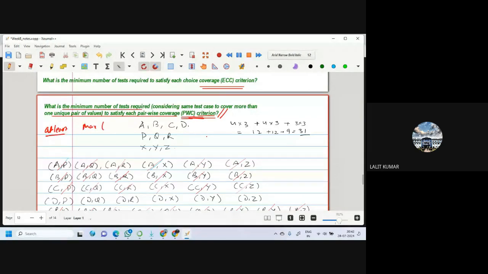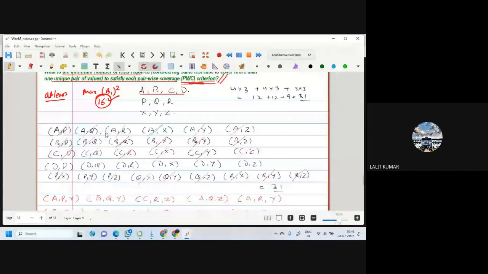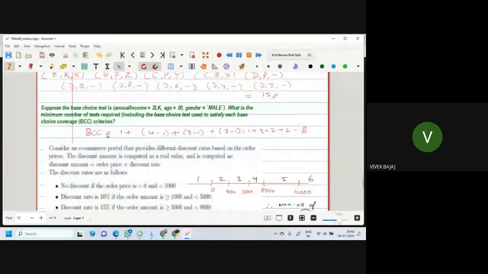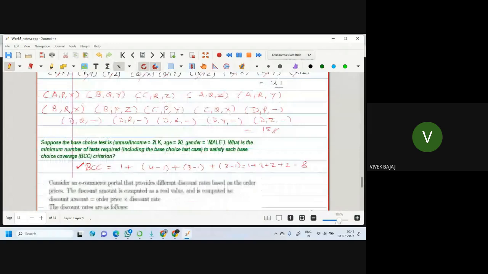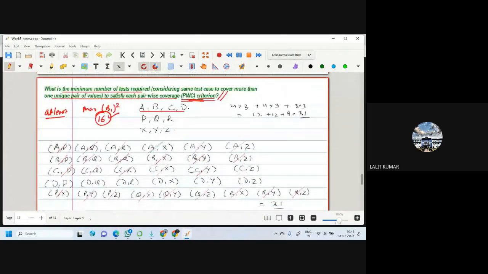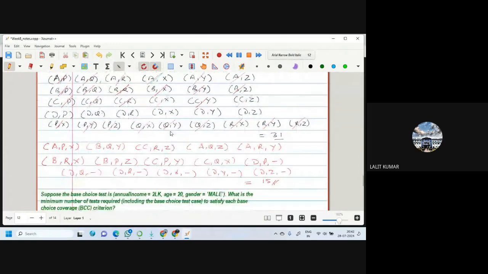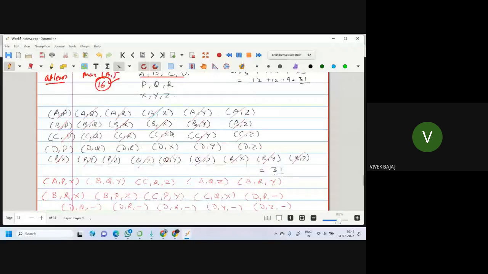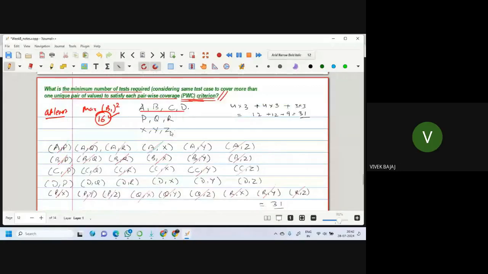ABCD is 4, so it will be at least 16. So we can say the minimum number is 16. But here, what is the BCC answer actually? In this answer, PYP has given the answer 15. So that's why I'm confused, because they are saying at least.